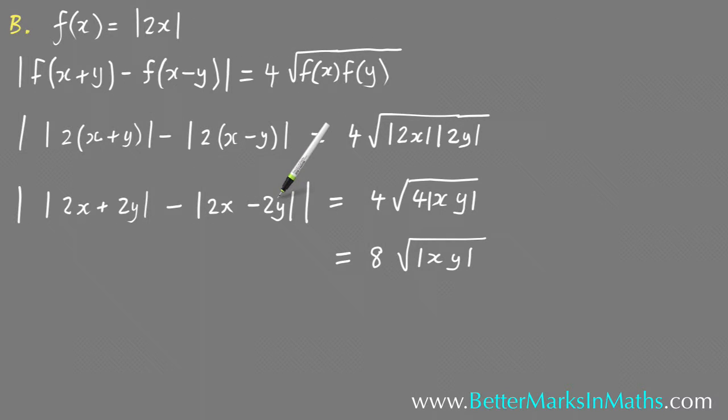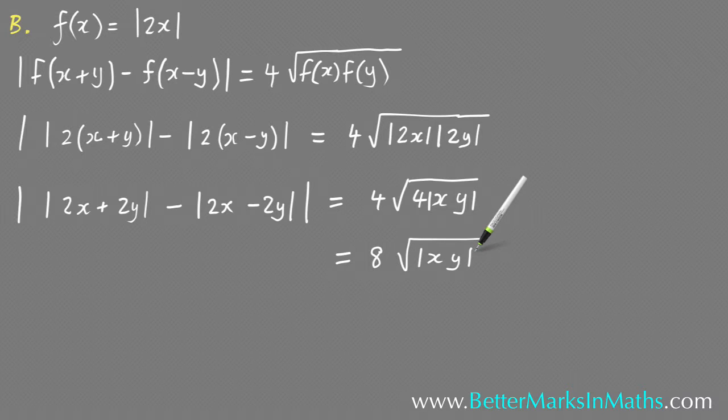And so there may be some x and y values that will make this equation true. In other words, if you put some x and y values into here, and one number that will work is 0, 0 for x and 0 for y, this will become 0 and this will also become 0. So it's actually true for x equals 0.